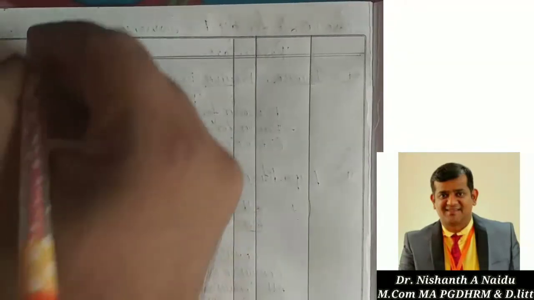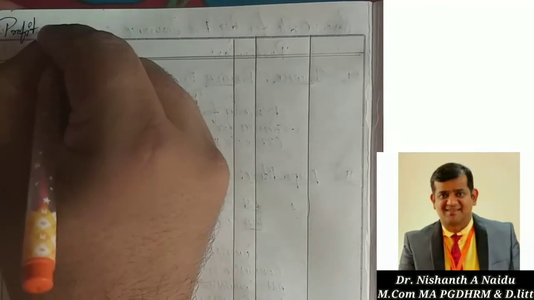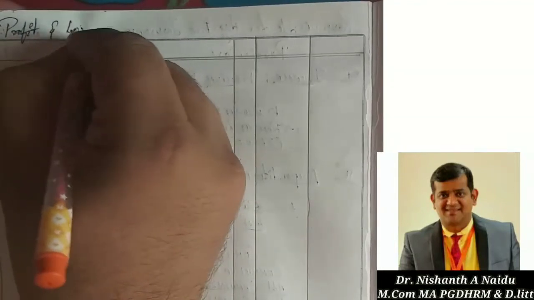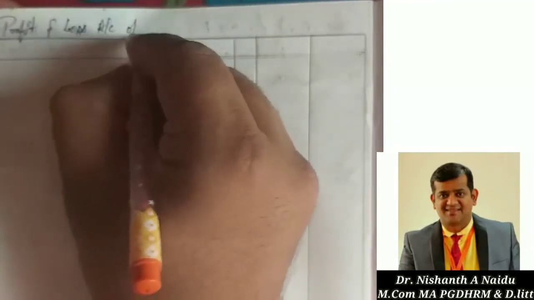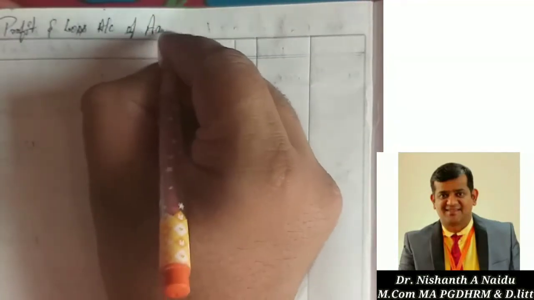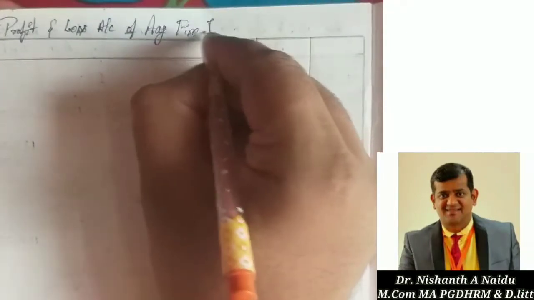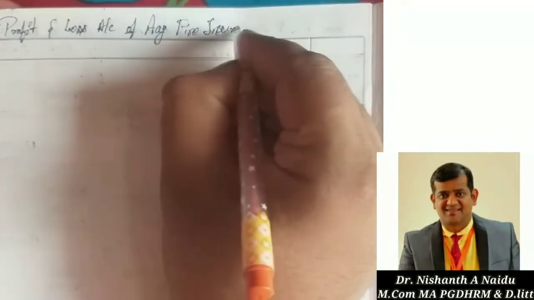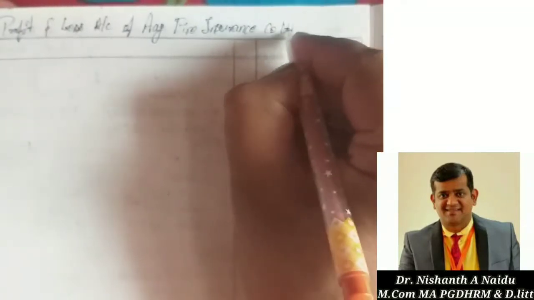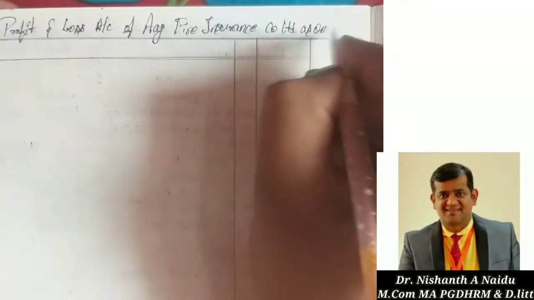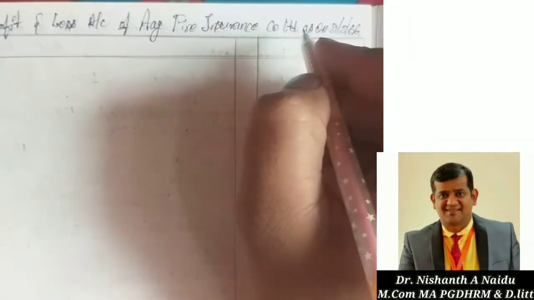So which account? Profit and loss account of Ag Fire Insurance Company Limited as on 31st/3/2006.